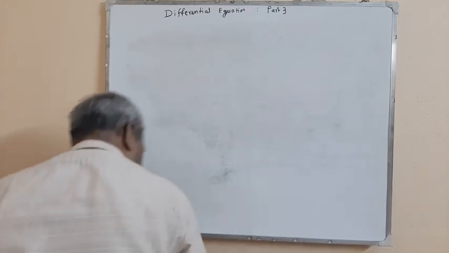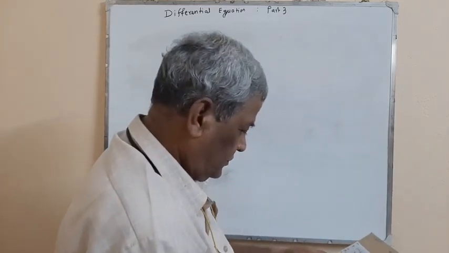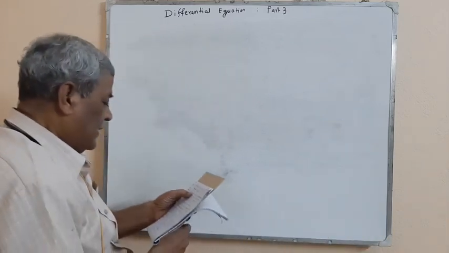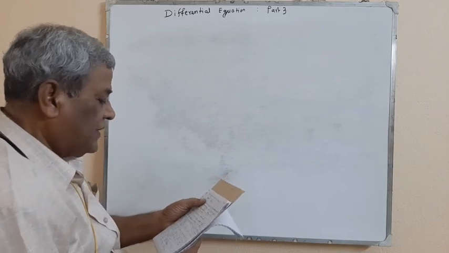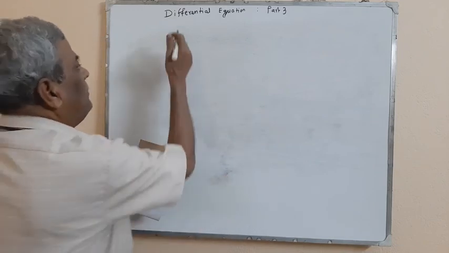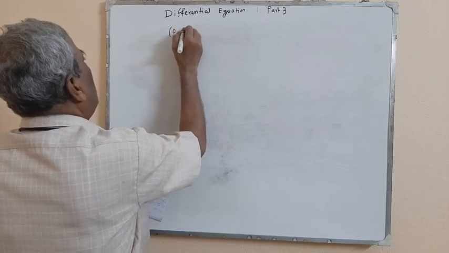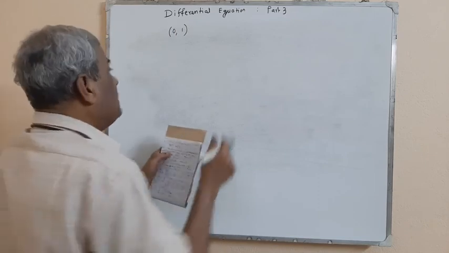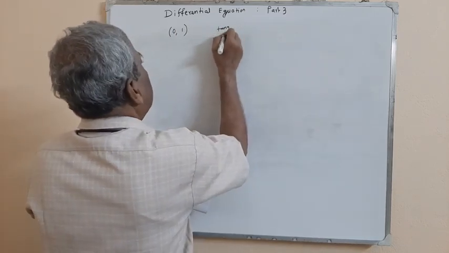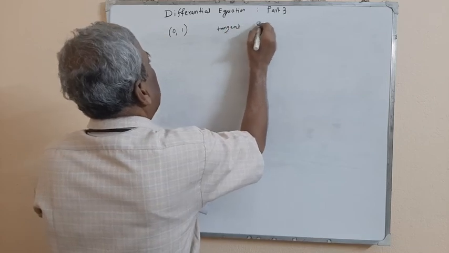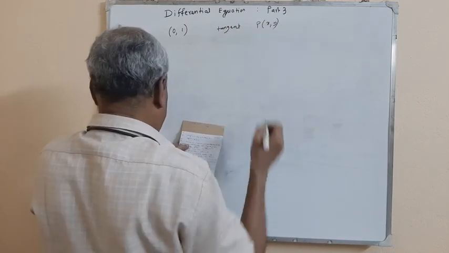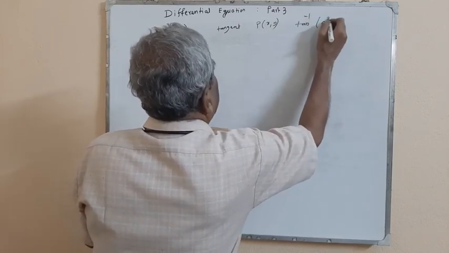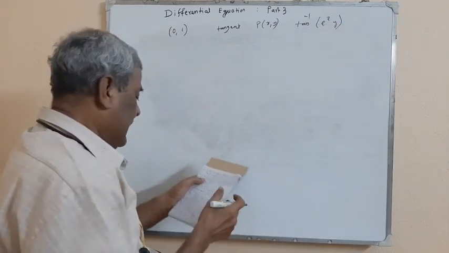Now take our next problem. The differential equation of the curve passing through 0, 1 and whose tangent at any point P(x, y) makes an angle tan inverse of e to the power x into y with the x-axis.